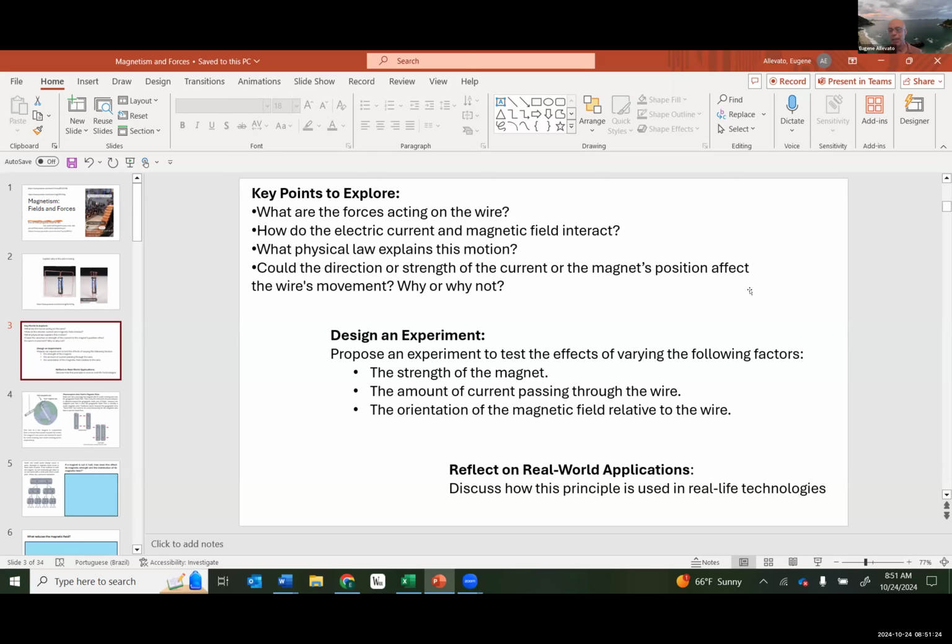Mohammed already gave kind of a hint that this is how electric motors work. So that's one application, but there are other applications, right? You could use these physical principles that involve magnetic fields and electric currents.